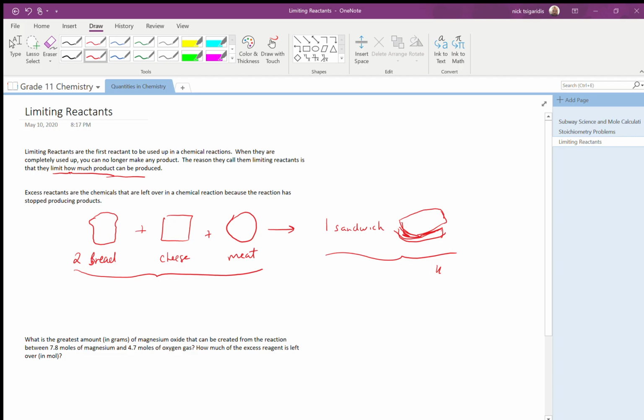But oftentimes I find myself opening up the fridge and I don't always find everything in nice whole numbers. So let's chat a little bit about this. Let's say I had 15 pieces of bread, 15 slices of cheese, and 5 slices of meat.